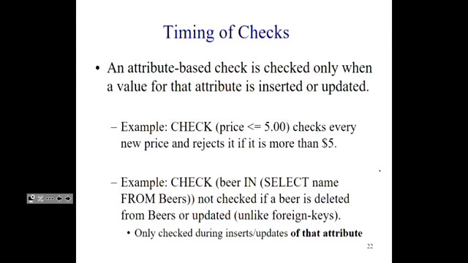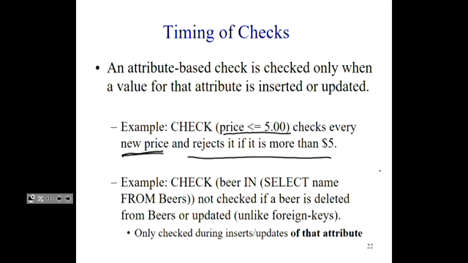So it's not checked when, for example, the reference relation is updated. It's only checked when that attribute is updated. For example, if you have price less than or equal to 5, this check is only checked when there's an update to price. So it checks if the new price is less than or equal to 5, and it's rejected if it is greater than 5.